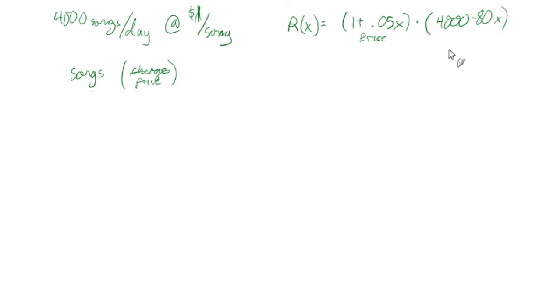It really is something you could use if you have a store for a few years and you just mess with the prices a little bit here and there, and you notice the trends over a long time. You could set up a model just like this and see how you might maximize the amount of money you make, because you may lose customers, but you make more money each song. So that's the dilemma.